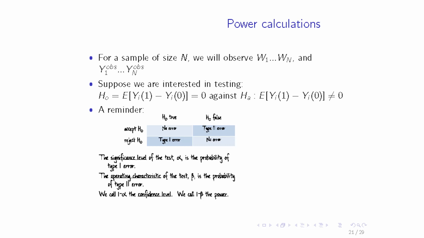It's the probability that at the end of the day, you run your test with critical level alpha, and you don't find anything significant. So 1 minus beta is the power of the test. When you design experiments, that's really what you're thinking about: the chance that you don't find anything significant when in fact there is an effect.